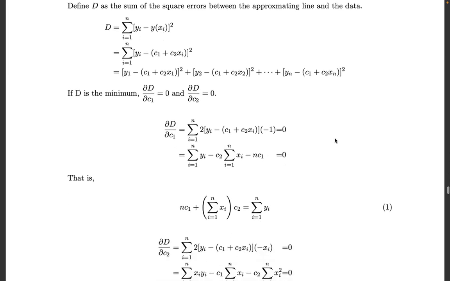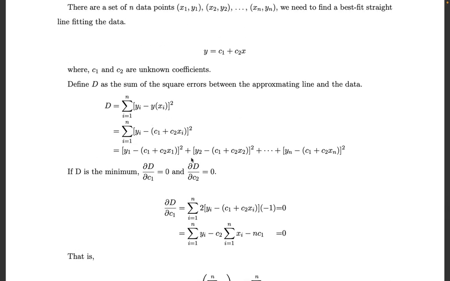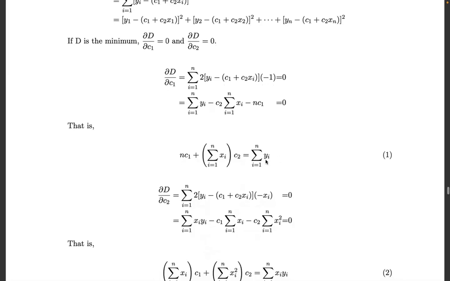Moving these two terms to the right side, we get n c1 plus the sum of xi times c2 equals the sum of yi. This is an equation where c1 and c2 are variables. Here n and these two sums are constants, because they come from the data.